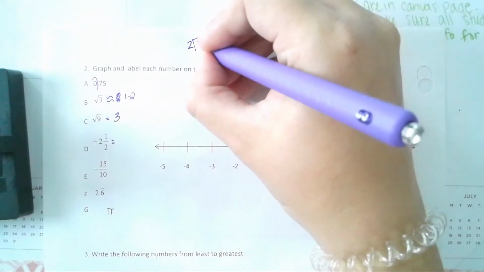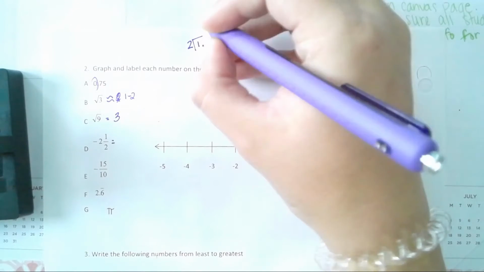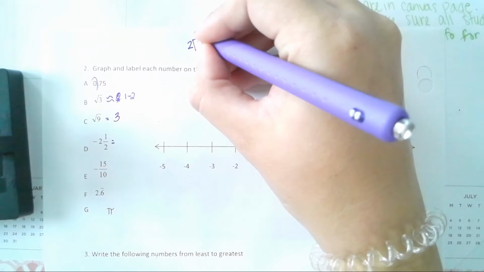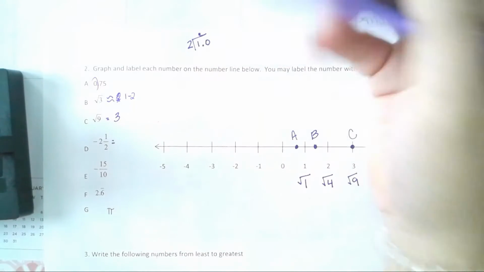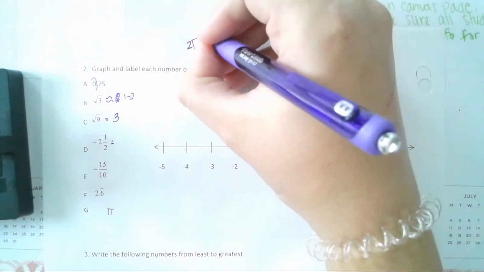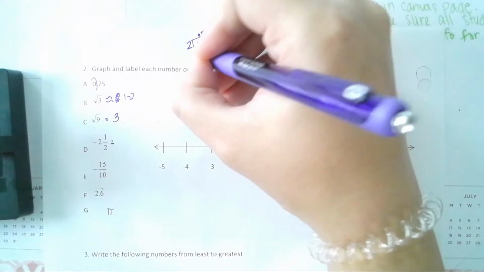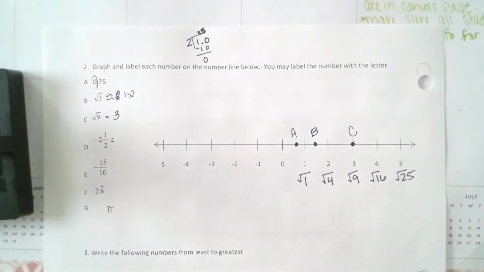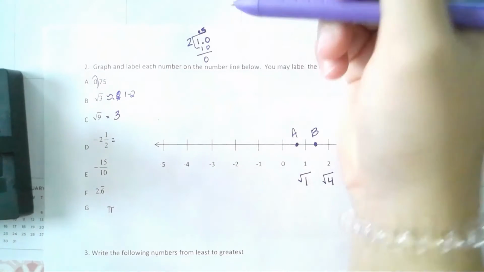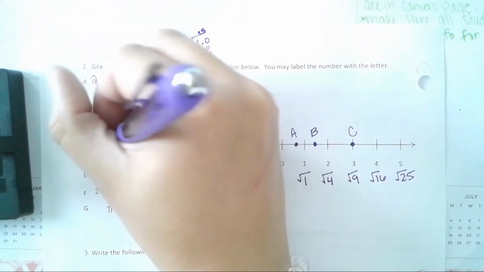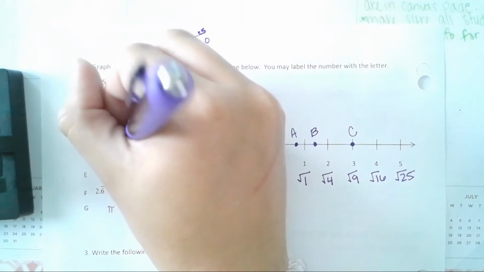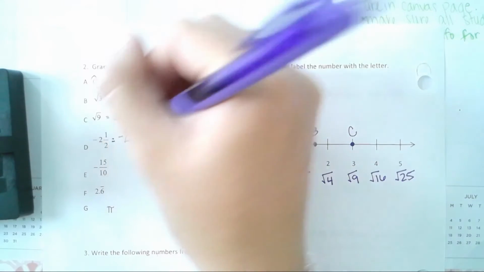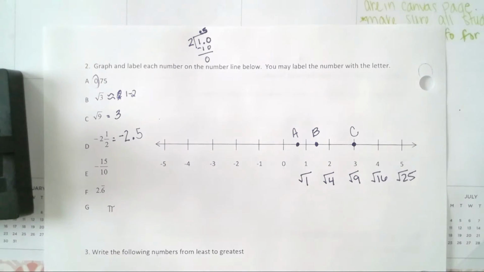So remember, you add the decimal point and the 0, so that now 2 goes into 10 5 times, and that gives us a remainder of 0. So 1/2 is the same thing as 0.5. Then you just add your whole number there. So negative 2 1/2 is the same thing as negative 2.5.